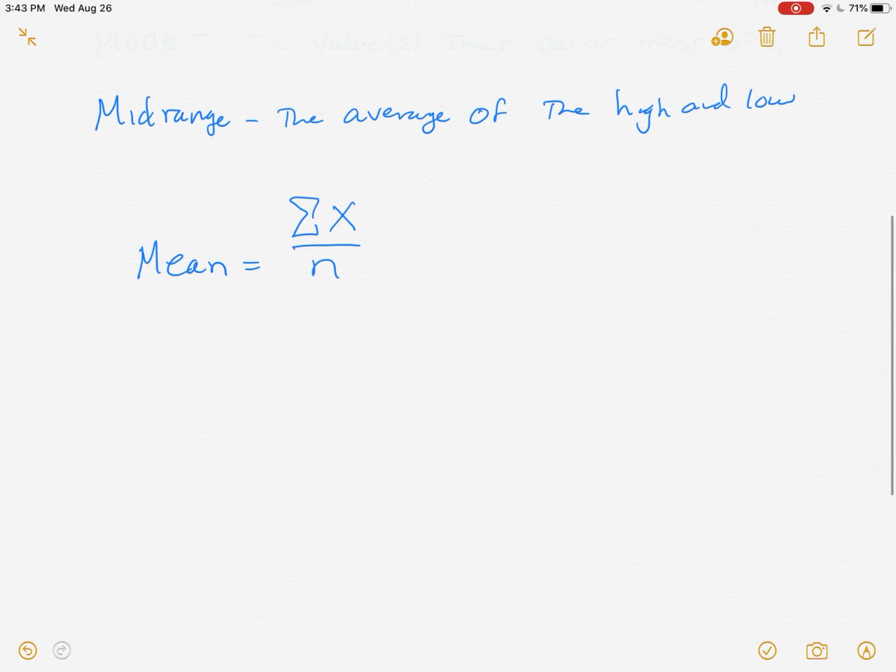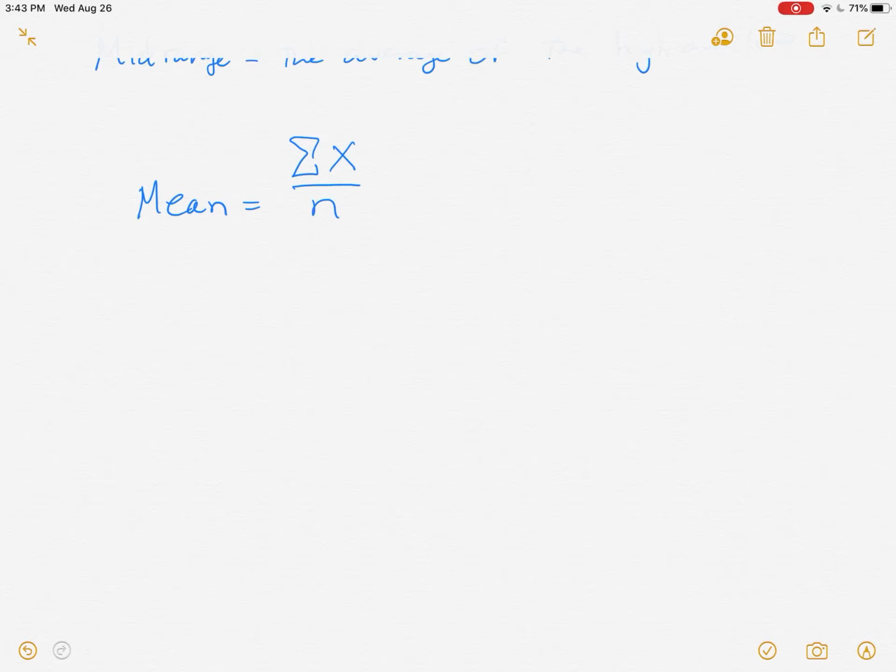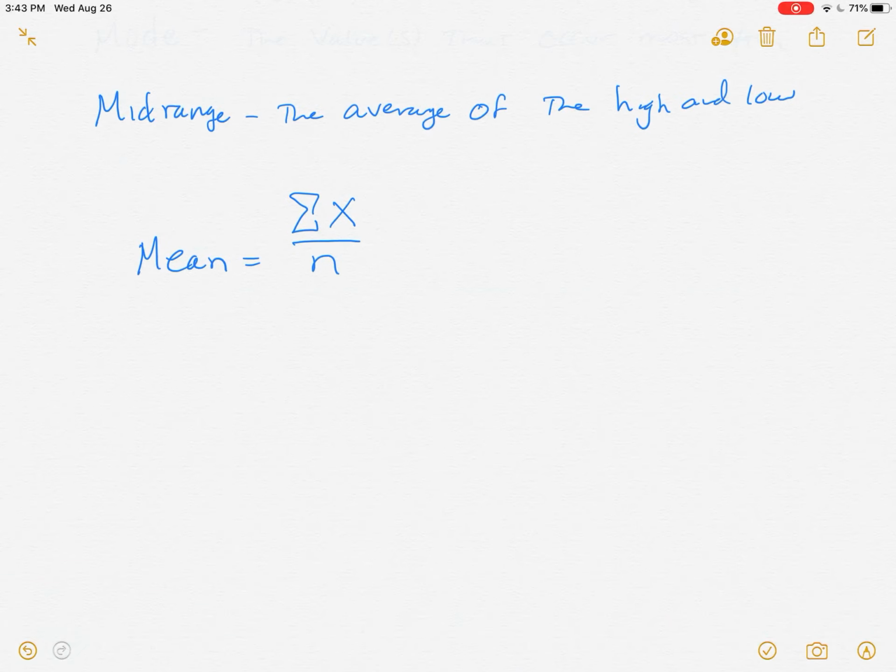So what's going to happen in the typical problem is they're going to give you some data. So I'll make up a problem.